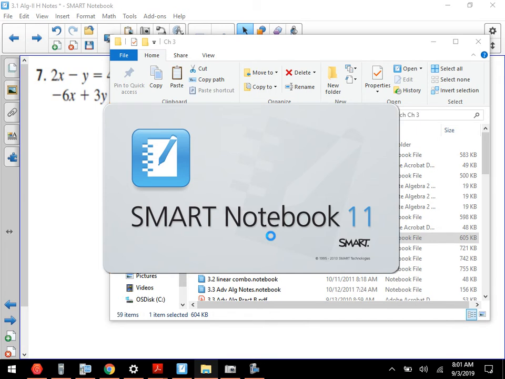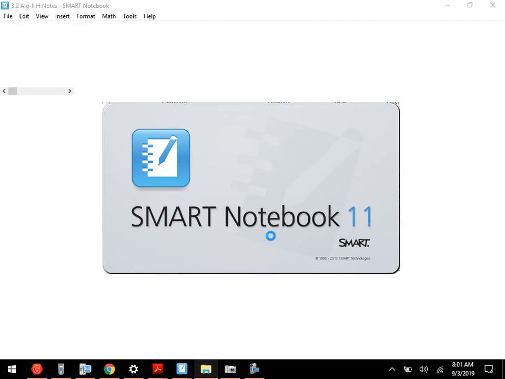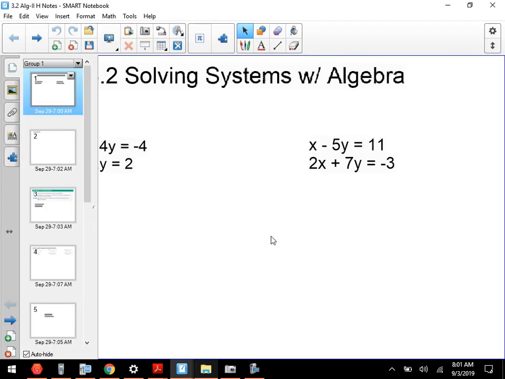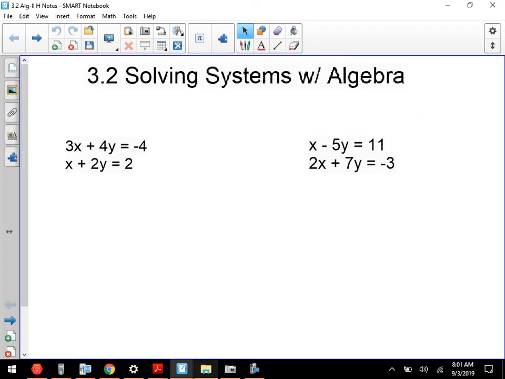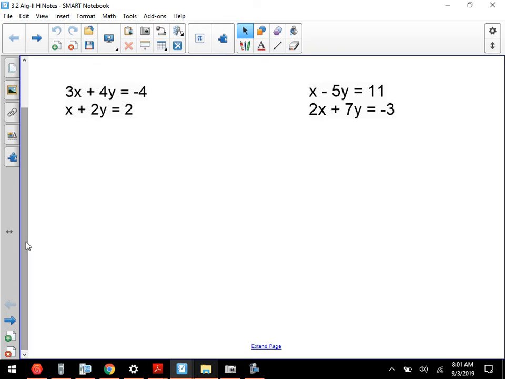I still want you guys to be able to graph stuff if need be, but I think that when we spend more time actually solving algebraically, it becomes a little bit easier. Because like we were just saying, you can use elimination or something along those lines. Now, when we deal with the algebra stuff, remember there are 3 different ways of that as well. You guys remember those? You can add them, subtract them, or do some sort of combination. And that's kind of where you're getting with that.